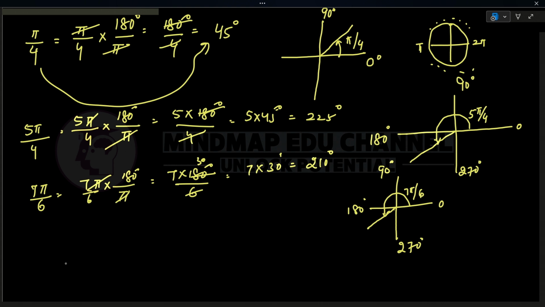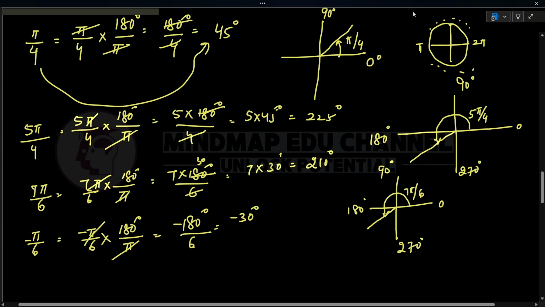Okay, now what happens if a negative angle is given, like −π/6? So let's convert this into degrees first. So −π/6 into 180 degrees over π. π will get cancelled. So 180 degrees over 6. And what we get here? We get −30 degrees.